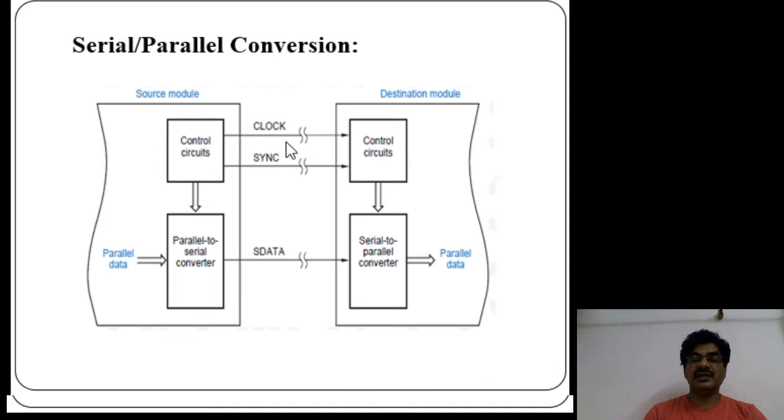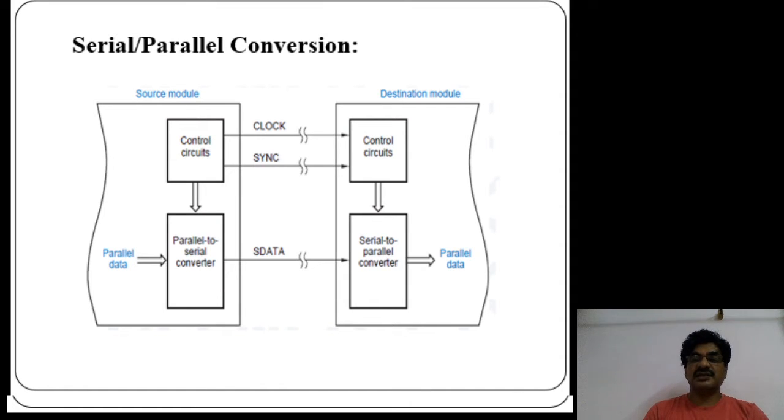One is the clock signal and another one is the sync signal. The clock signal is for the different control units, and it is common for both source and destination modules, whereas the purpose of the sync signal is to represent when the time slot starts or when the frame starts.